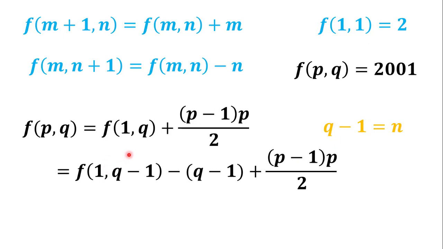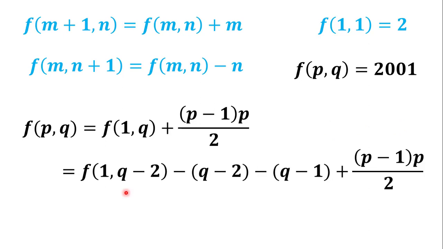So f of 1 and q is going to be f of 1 and q minus 1 minus q minus 1, because n equals q minus 1. Also, f of 1 and q minus 1 is going to be f of 1 and q minus 2 minus q minus 2. We continue this process until we get q equals 1.